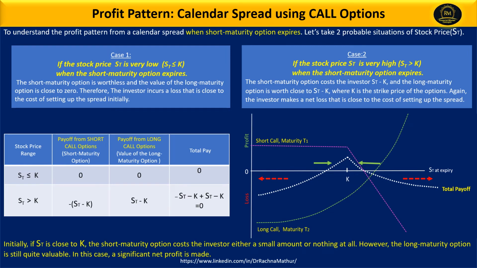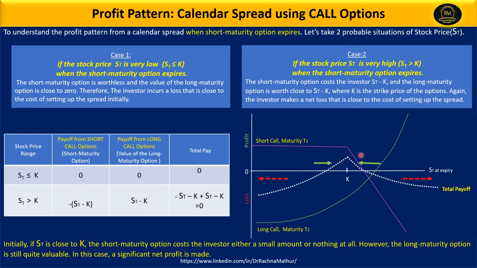So initially, if the stock price is close to K, the short maturity option costs the investor either a small amount or nothing at all. However, the long maturity option is still quite valuable. So in this case, a significant net profit is made.